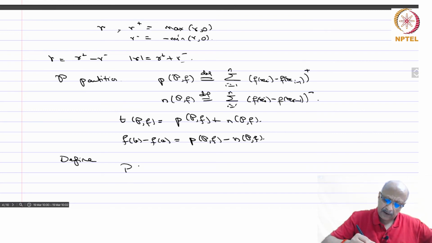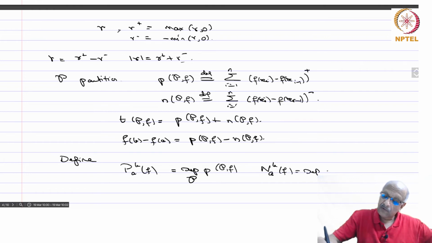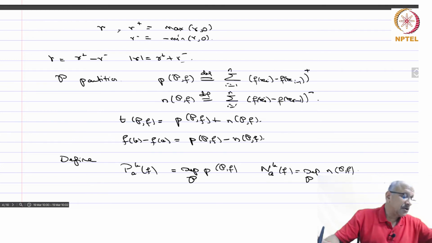Now define capital P_a^b(f) as the supremum of P(P,f) taken over all partitions, and N_a^b(f) equals the supremum of N(P,f) taken over all partitions.